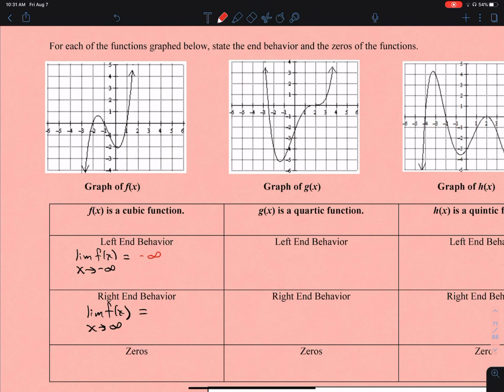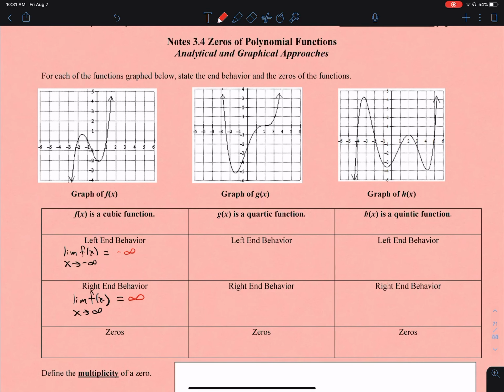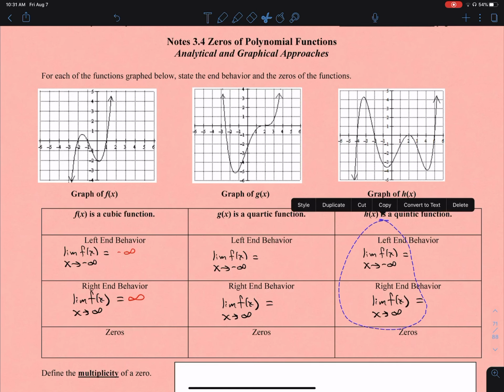Symbolically, y going up forever is positive infinity. Without knowing the answer to these questions, these questions start out the same way every time. The left end behavior is asking what's happening to the function as x approaches negative infinity, and the right end behavior, what's happening to the function as x approaches positive infinity.